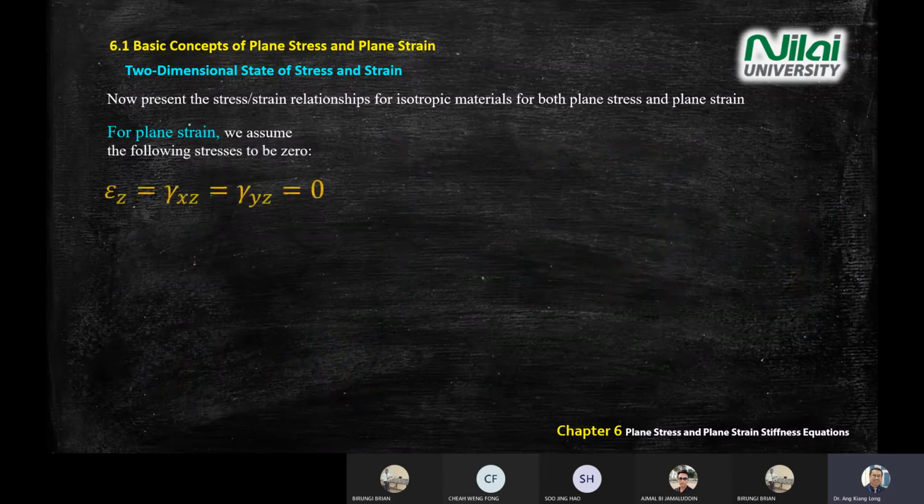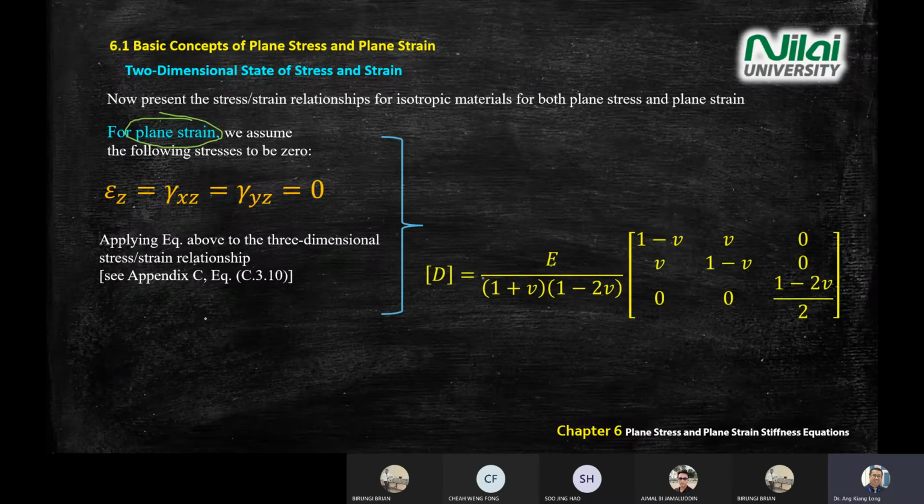But what happens if you want to find strain? Plane strain. Again, there are derivation steps in Appendix D. So if you want to find strain, the D changes form already. When you use D to find plane strain, you use D equal to E divided by 1 plus Poisson ratio, times 1 minus 2 Poisson ratio, and so on.